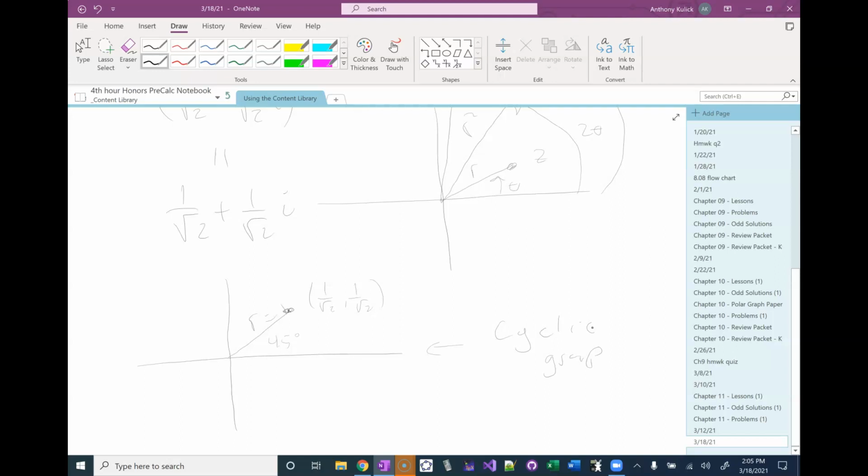There's 1 over square root of 2, and there's 0, 1, and negative 1 over square root of 2, and then negative 1, 0, and so on. There are just those 8 things in the set, and any power of any of them is just some other member of the set. You just have to go around the unit circle enough times, to connect this back to what we did in first semester, which is pretty cool. Is everybody okay with this idea?